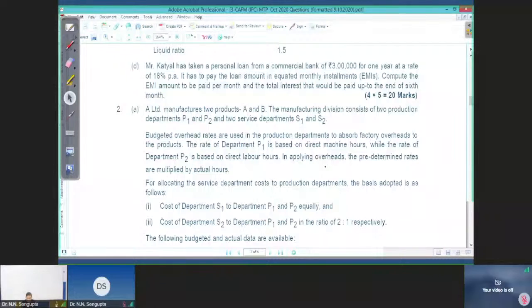Then retention money, escalation clause from contract, difference between job and contract, job and batch, different kinds of service costing, the utility of marginal costing, the different terminology of marginal costing, budgetary control, zero-based budgeting, standard costing, how it is helpful. These are the things you definitely have to do.